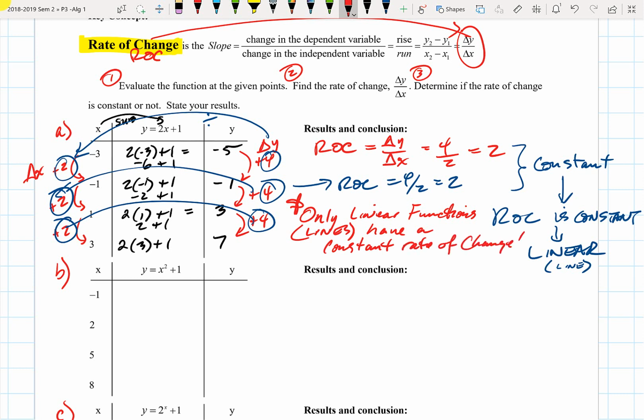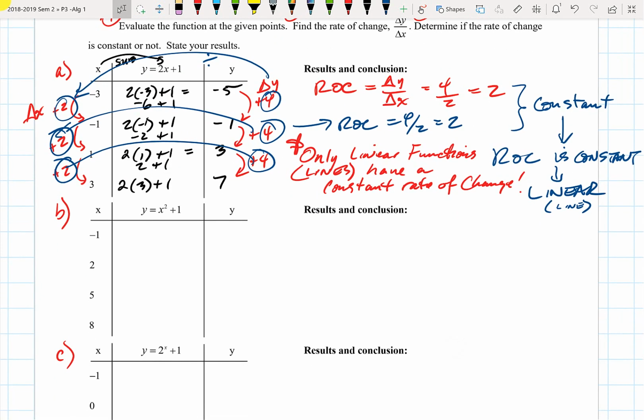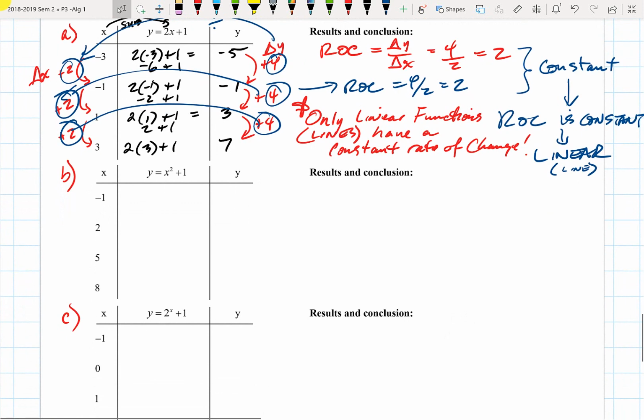That's what makes them lines, people. They're straight. If they don't have a constant rate of change, they become curves. Exponential curves, or quadratic curves, or cubic curves, as you're going to find out throughout the years when you study mathematics.